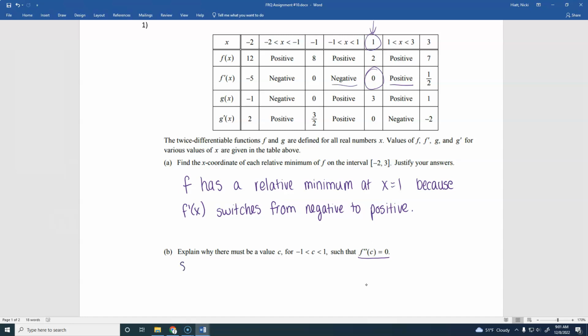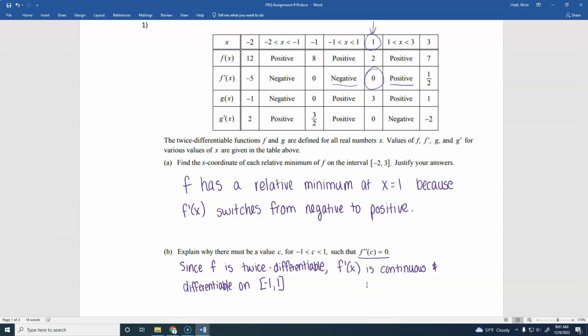So we would say since f is twice differentiable, f prime of x is continuous and differentiable on [-1, 1].